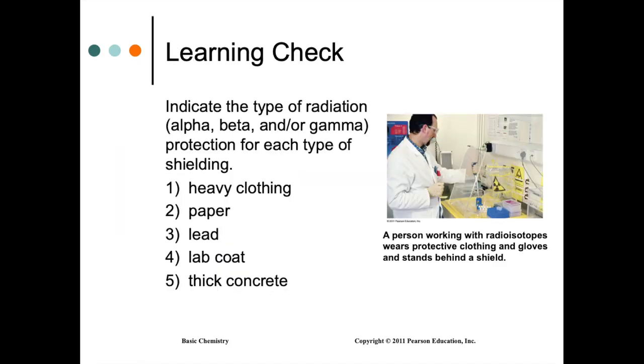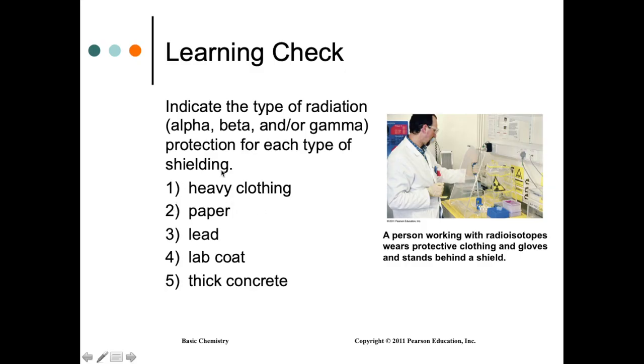Okay, so here's a practice problem, just summarizing what we just learned. Whenever they give you a form of protection, think about not only the most dangerous radiation that it helps protect you from, but keep in mind it'll protect you against anything weaker than that form of radiation as well.